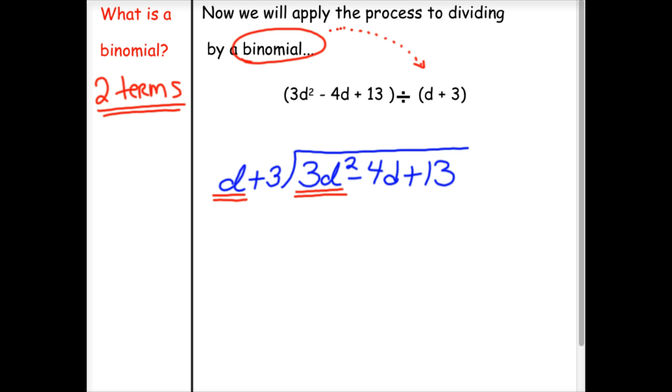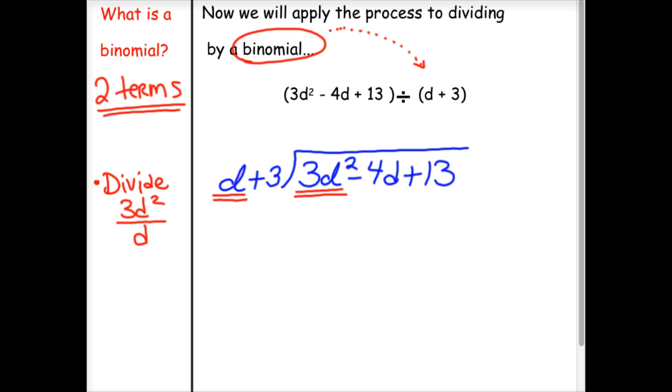And I want you to ignore everything else and do what we did on the previous page. When we had a 7 inside and a 4 outside, we divided them. And so the first thing we want to do here is divide those things that are farthest to the left, which is 3d squared, by d.